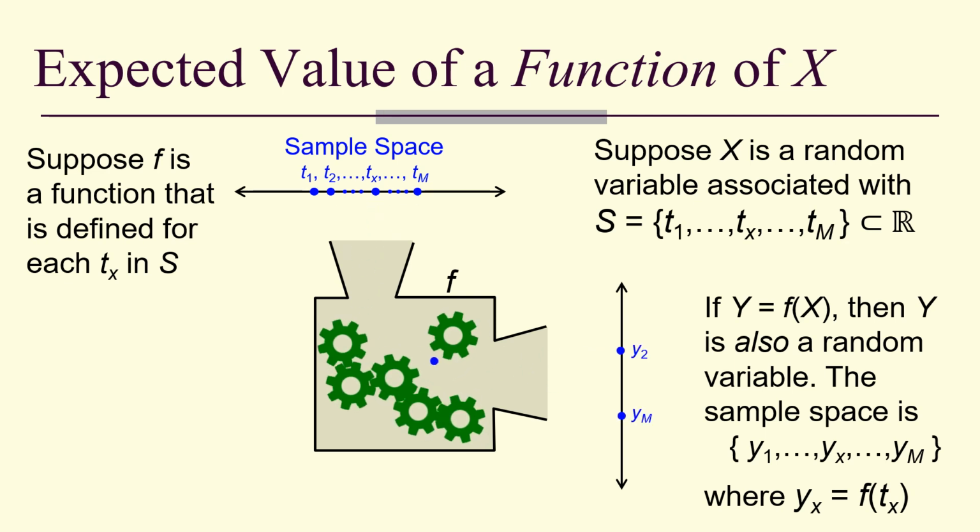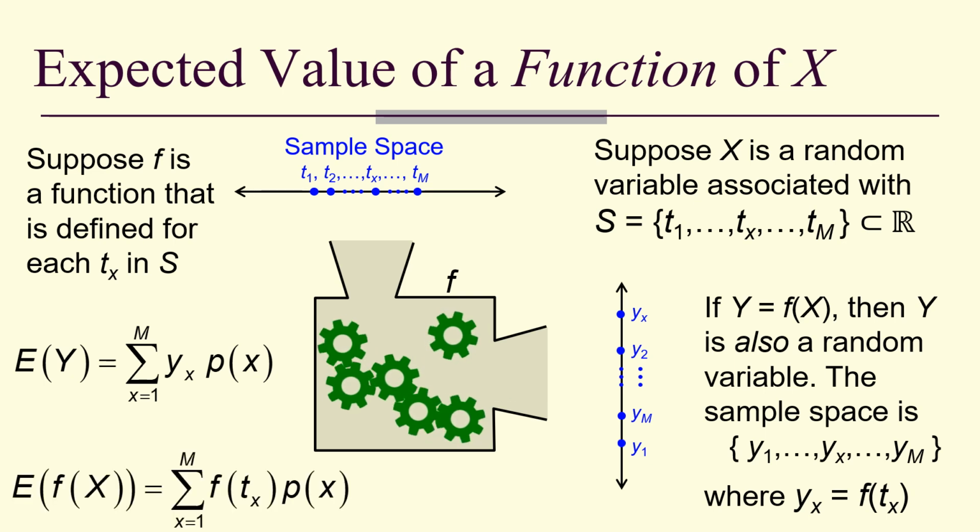So this y is a variable just like x is a variable. It just happens to be the image of f applied to the sample space of x. The expected value, therefore, is the sum x equals 1 to m, y sub x, p of x, which means that the expected value of f of x is the sum x equals 1 to m, f of t sub x, p of x.